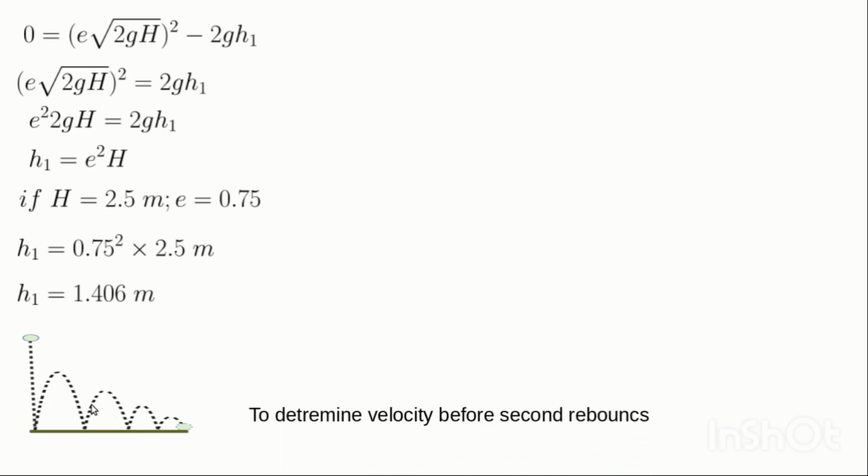Since we know the velocity with which this one strikes and the velocity with which this one leaves, it's important for us to know the velocity with which this one strikes the second rebound. To calculate this, we must assume that the ball, when it is originally here, travels a distance h1, and we need to calculate the final velocity when the initial velocity is 0.